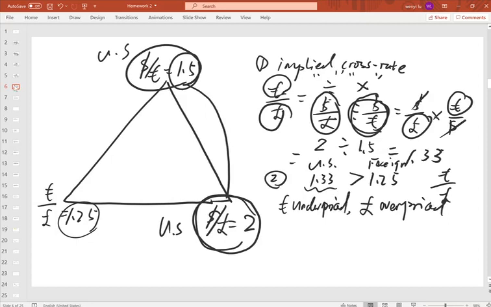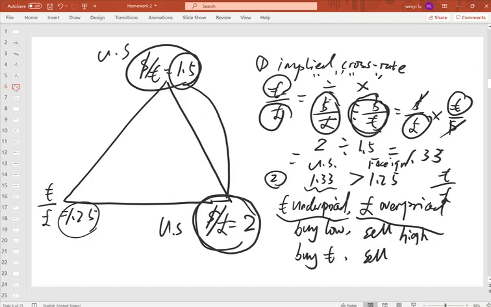So we can follow these comparison results to design our strategy. We always buy low and sell high. So we will buy euro and sell the pound. So that's our strategy.